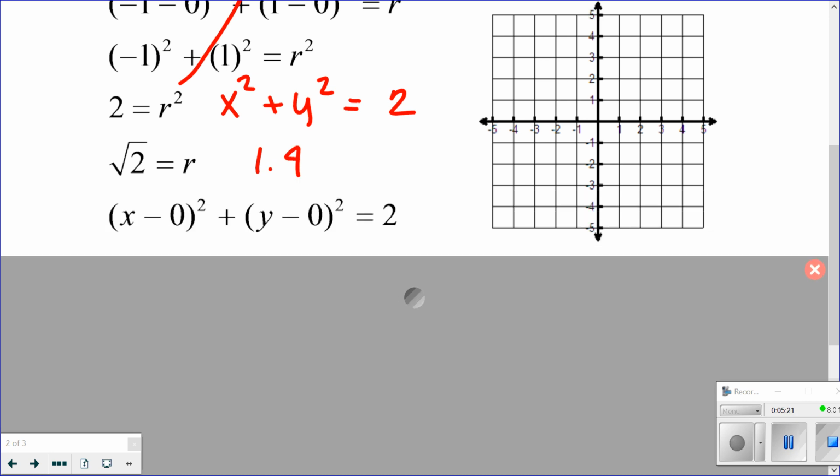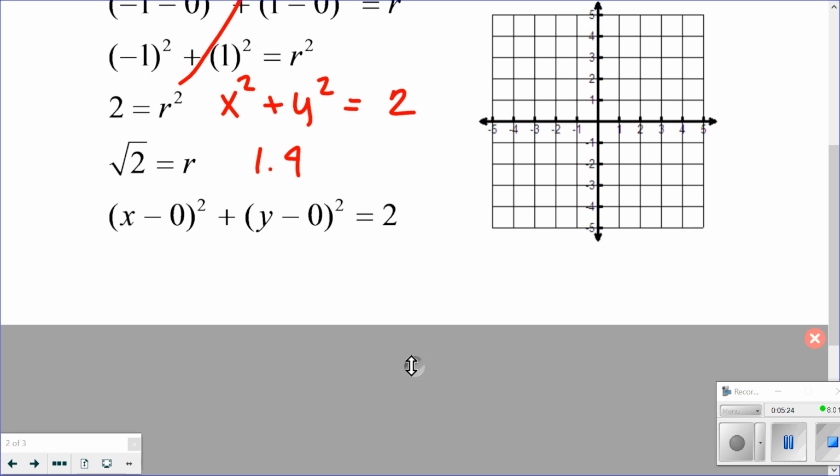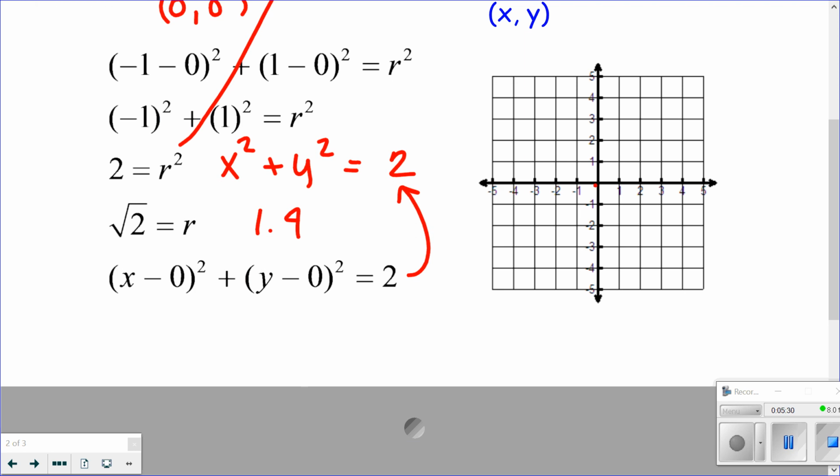So there's our equation again, and when we clean it up, it ends up looking like what we already did. And to graph this, we're going to start at the origin. That's where the center of our circle is, and we're going to go 1.4-ish in every direction. And graph our circle.